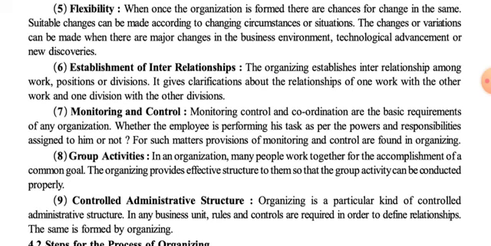Monitoring and control. Monitoring, control and coordination are the basic requirements of any organization. Whether the employee is performing his task as per the powers and responsibilities assigned to him or not. For such matters, provisions of monitoring and control are found in organizing. So here there should be monitoring and control.